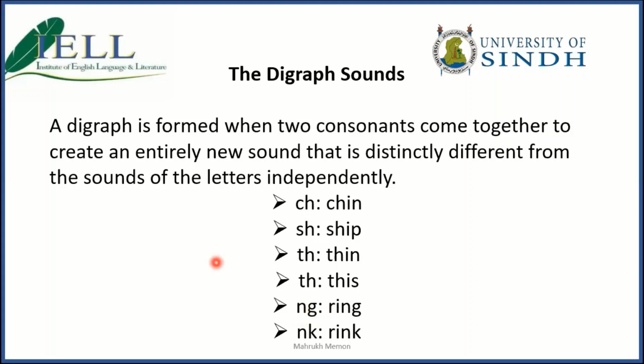This is a separate n and this is a separate g, but when they are used together they are pronounced as ng. Ring, sing, singer. So in all these words, at the end they will be pronounced as ng. And then we have NK, pronounced as in ring, rink. I hope it is clear.